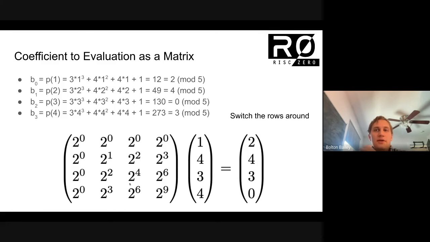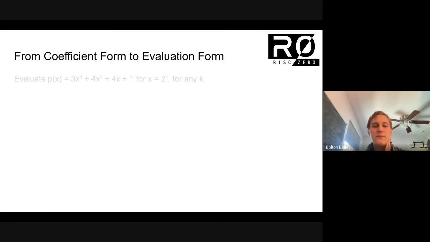It seems like the correct way of sorting these numbers is as powers of 2 rather than the traditional 1, 2, 3, 4. It seems like 1, 2, 4, 3 is a little more natural somehow. And so instead of evaluating P of X for some arbitrary X, let's think about evaluating it for X being 2 to the K for some K. And we know that, for any K, we can get any X that we want, basically.